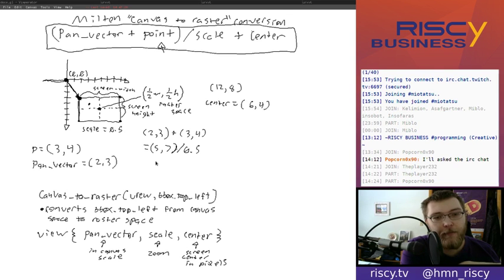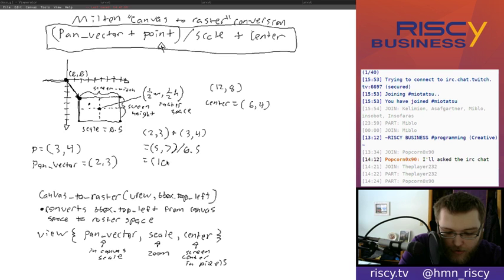Because if you divide by 0.5, you're multiplying by 2. So equals 10, 14. And then we add the center, which is 6, 4.